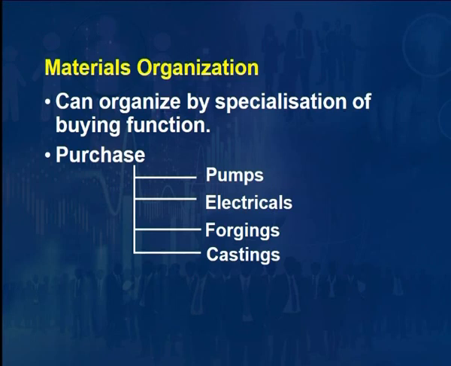For example, within the purchase department there will be a specialist who is specialized in purchasing pumps. For the electricals department, there is another staff member. Then for forgings or castings or other stationary items, you can have different specialists in the purchase department itself.